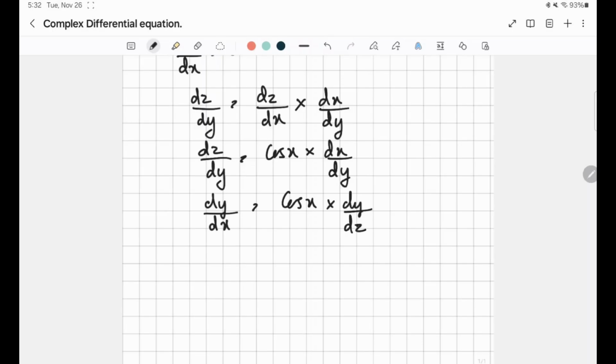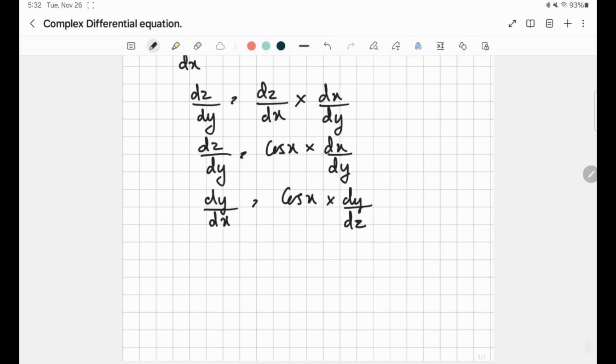Since everything is multiplication, it's like cross multiplication: dz over dy equals cos x dx over dy, so I took this over and cross multiplied to get dy over dx on one side. I hope you understood.